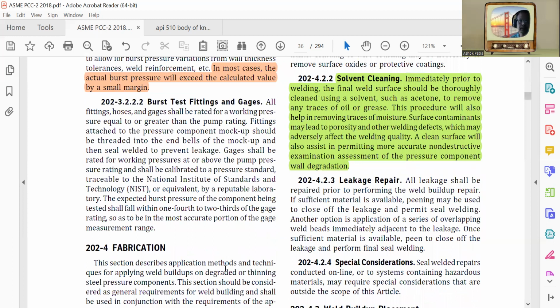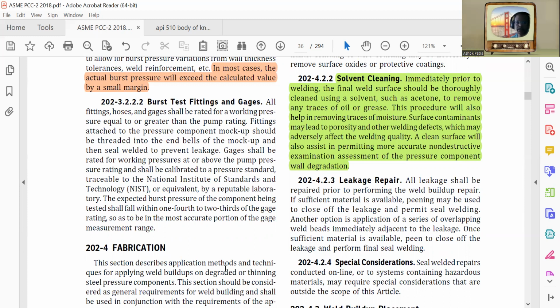Hoses and gauges shall be rated for a working pressure equal to or greater than the pump rating. Fittings attached to the pressure component mock-up should be threaded into the end wells of the mock-up and then seal welded to prevent leakage. Gauges shall be rated for working pressure at or above the pump pressure rating and shall be calibrated to a pressure standard traceable to the National Institute of Standards and Technology (NIST) or equivalent by a reputed laboratory.